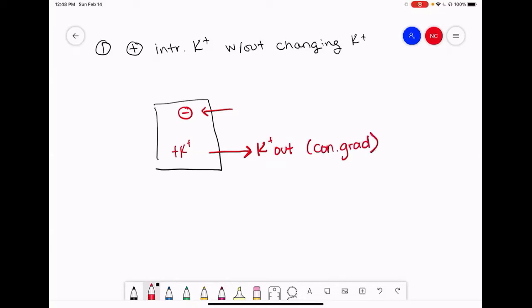So the stronger the pull going out, the stronger the pull we need from the electrical gradient going in. So what this is telling us is that we need a stronger negative charge inside of the cell to pull our potassium back in.